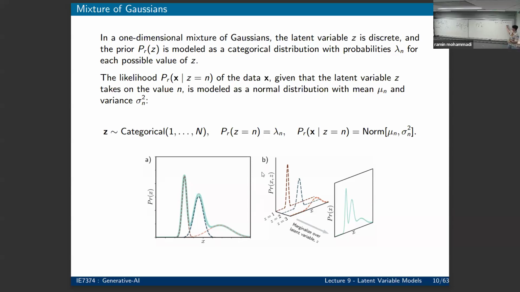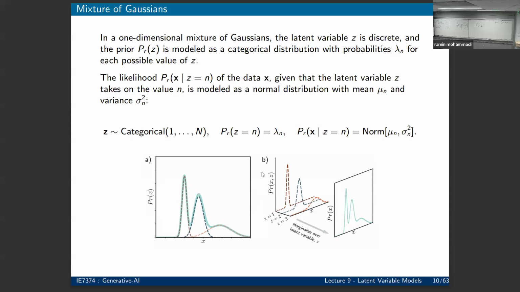That's technically what mixture of Gaussians means. One way to get latent variable models is a mixture of Gaussians, and here lambda n stands for the pi that I just wrote. It's the prior for every Gaussian, and here you want to answer this question.